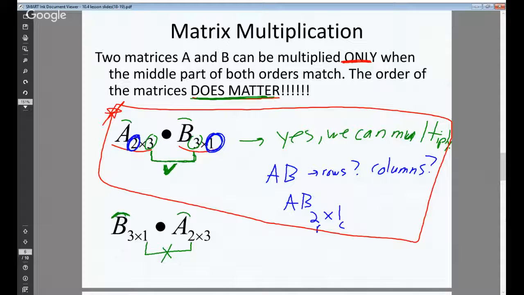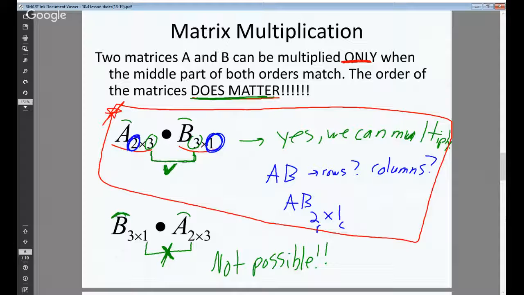Uh-oh, the inner dimensions do not match, meaning it is not possible to multiply these matrices when the B is in the front. Only when the A is in the front can we multiply these. So please, always check the inner dimensions. And if they do not match, then you can't multiply.